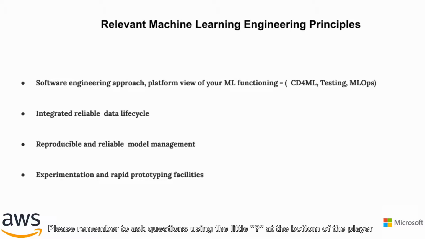So a couple of principles that we figured out with time, and also by what we have seen so far, is that you need a software engineering approach, a platform view of your ML functioning. You need an integrated, reliable data lifecycle, and obviously we know that data is extremely important. The data lifecycle needs to be reliable, and we also need reproducible and reliable model management.